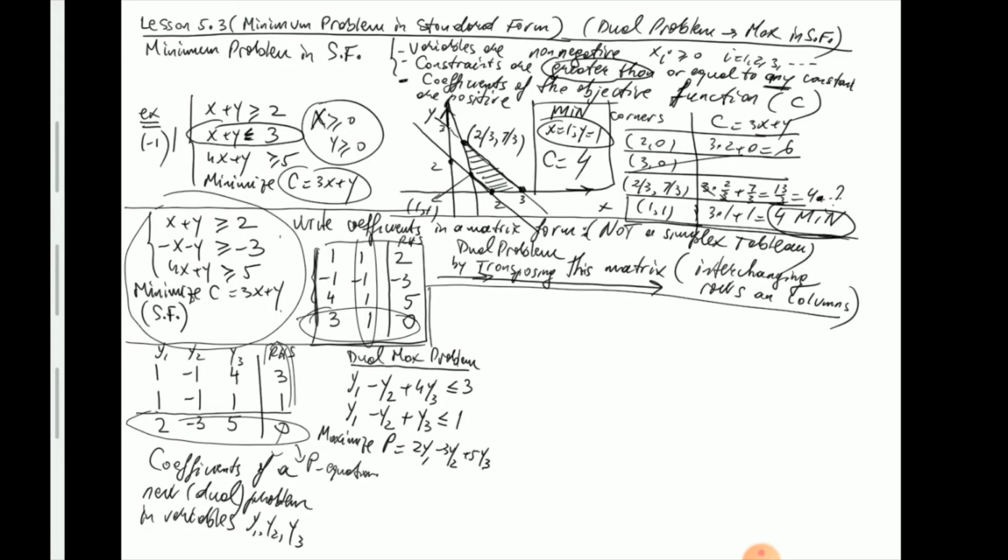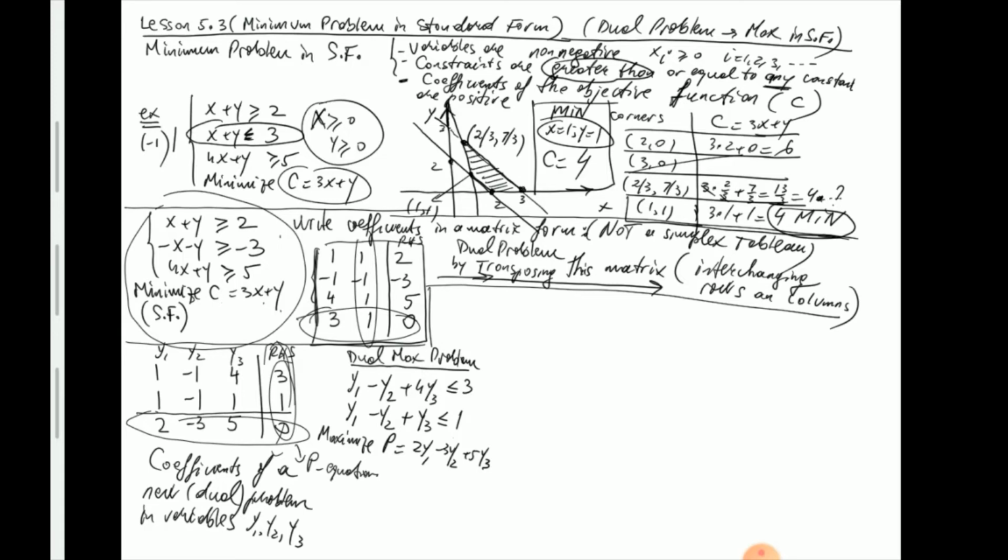Because you're going to interpret this transpose as the coefficients of the maximum problem, you see why we needed positivity on the constants, because they become the right-hand side. And for a maximum problem in standard form, you need each condition to be less than or equal to a positive number.